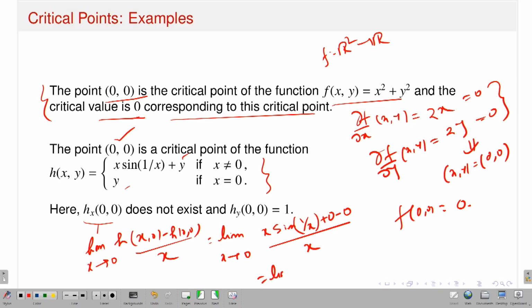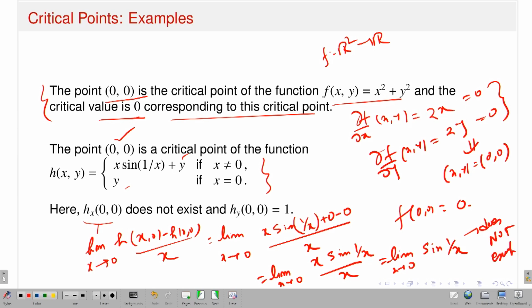This is the limit as x approaches 0 of x sin(1/x) divided by x. The x gets cancelled, and you have sin(1/x). But the limit as x approaches 0 of sin(1/x) does not exist by the sequential criterion. So this limit does not exist, and therefore the partial derivative of h with respect to x at the point (0, 0) does not exist.